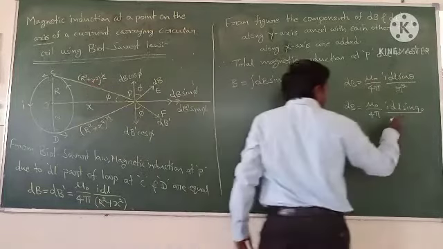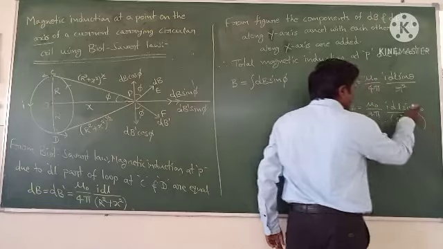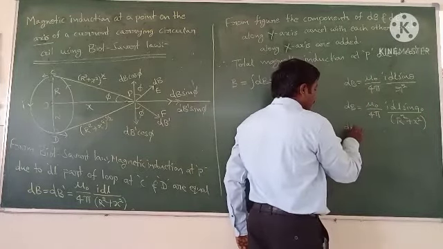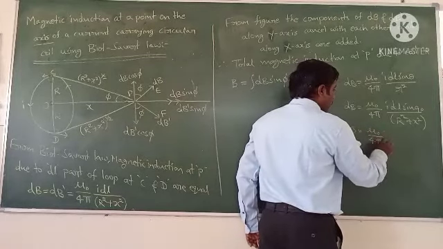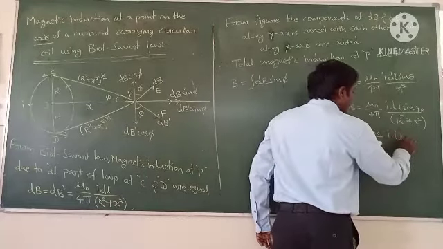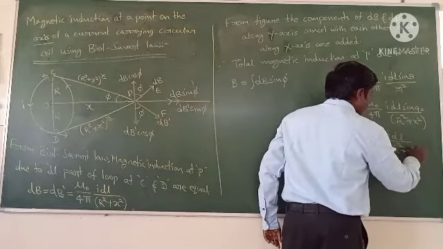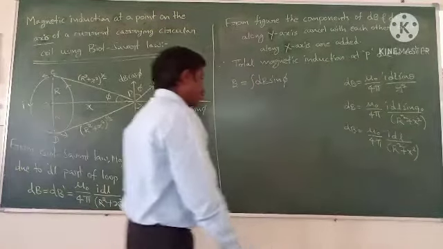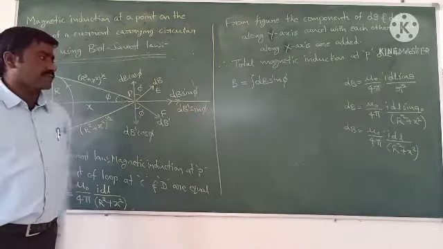Then the remaining term is r square plus x square. Sin 90 is 1. Therefore dB equals mu naught by 4 pi, I dl by r square plus x square. So dB equals mu naught I dl by 4 pi times r square plus x square.